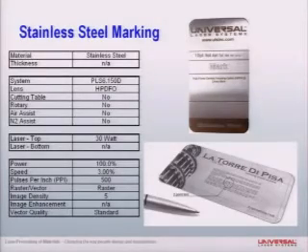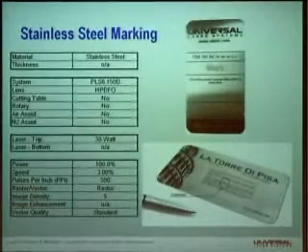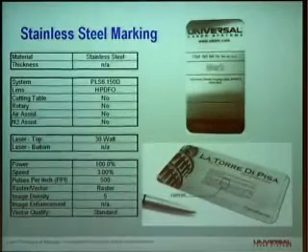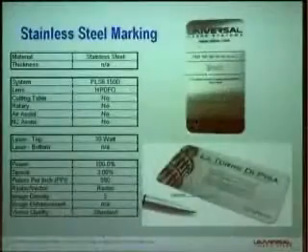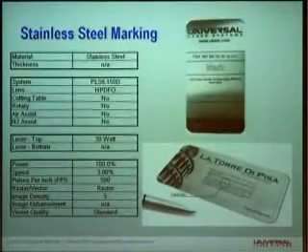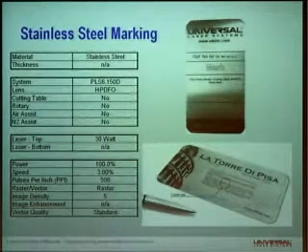Stainless steel marking. I guess I should walk through this table. This is a typical table we'll create for an example process if we want to have a single point in the whole variable space. So we've got a piece of stainless steel. We ran it on a 6150D. D is a dual laser system with high power density focusing optics.